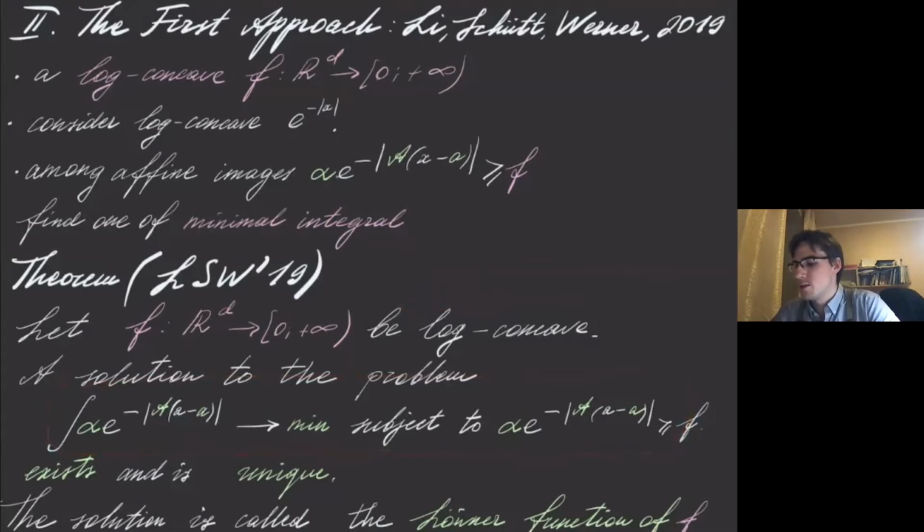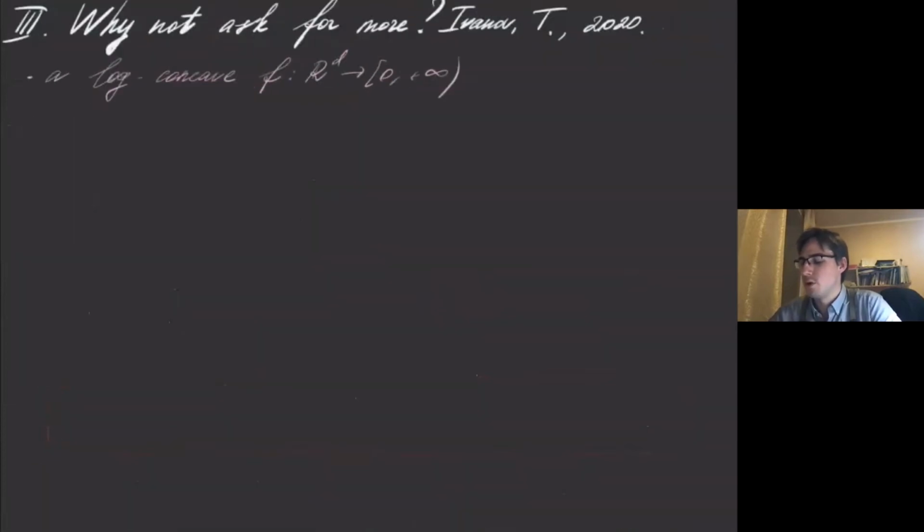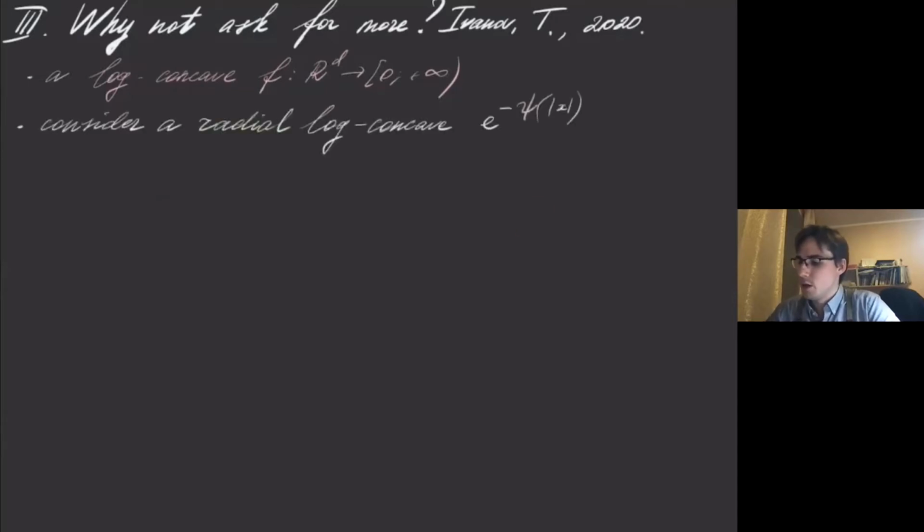And these are the preliminaries to what we have done together with Grisha. Why not ask for more? Again, you are given a log-concave function f, but now instead of just e to the minus Euclidean norm of x, you consider an arbitrary radial log-concave function, which has to be of the form e to the minus psi of the Euclidean norm of x.